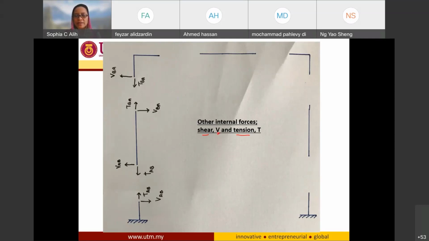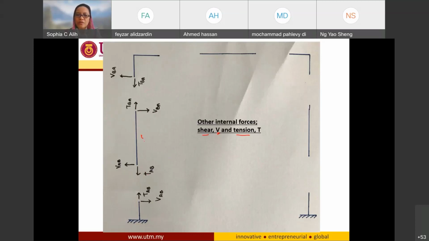So if I take one example of one member, member 1, after you have determined your end moment using your slope deflection equation, after you have determined the end moment over here and over there, then you need to use the equilibrium concept or the balancing concept in order to get the other internal forces. So for member 1, you have tension at one end, and at the other end also tension, and similarly you have shear at one end and the other end also shear.